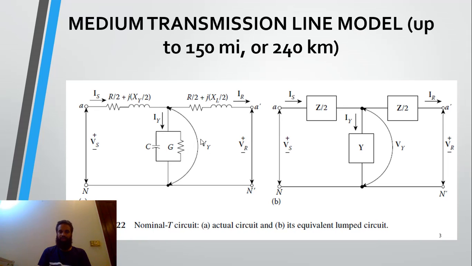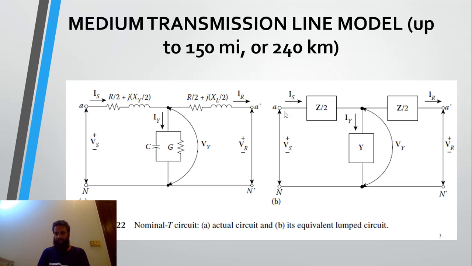So we can represent the impedance, R plus jXL, as Z, and we can represent capacitance as Y, the admittance. Now the simpler formation of the circuit is Z by 2 in the left side, Z by 2 in the right side, and in between the two Z by 2 we have Y. So this formation is known as T formation.